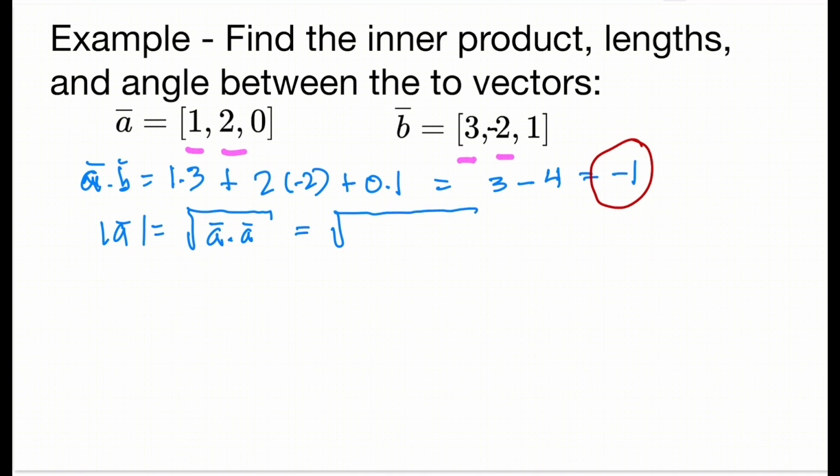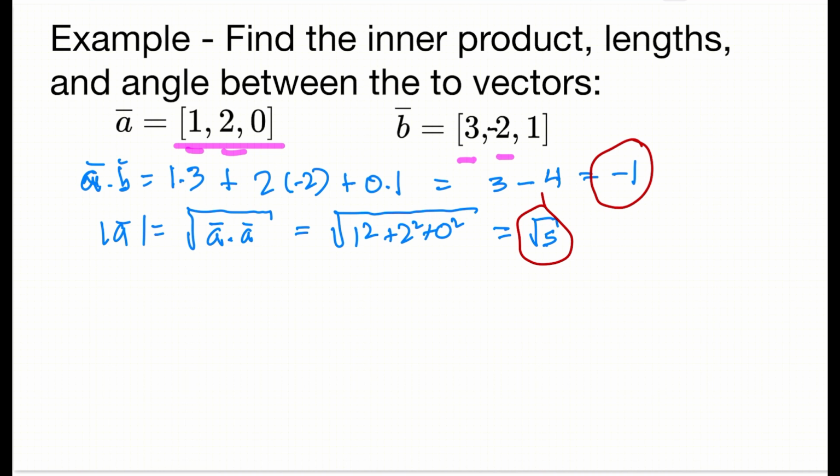So A is 1 squared plus 2 squared plus 0 squared. It's just these three components right here. That is going to be equal to 1 plus 4 plus 0. It's just the root 5. So there is the length of our A vector.